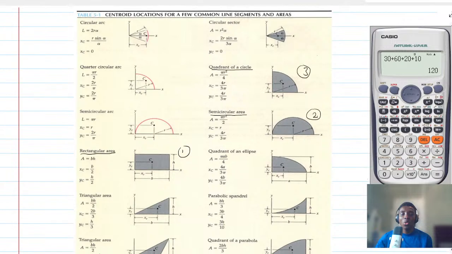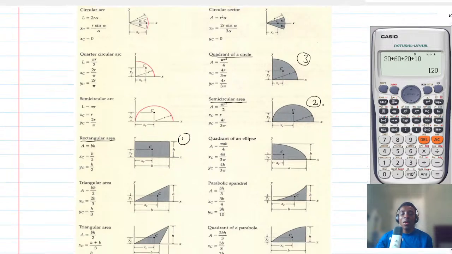There is a formula here. Everybody, can you see what is here? You will realize that for a semicircle, all the time the centroid is at a certain distance given by 4r over 3 pi.